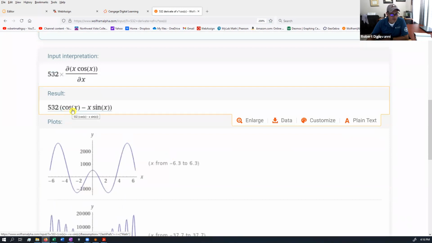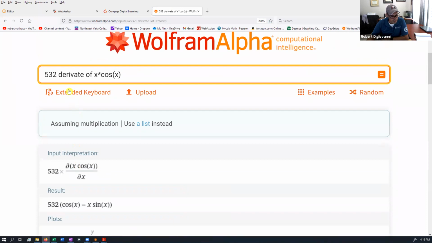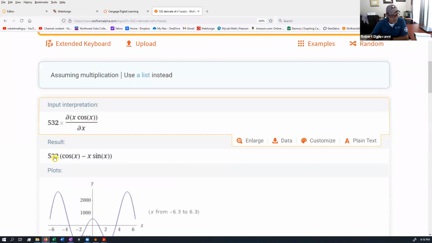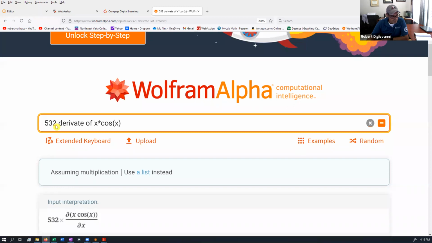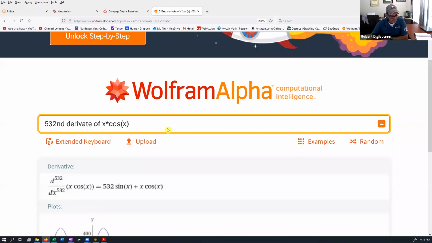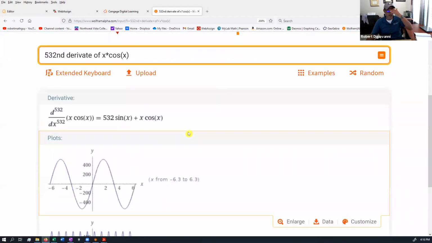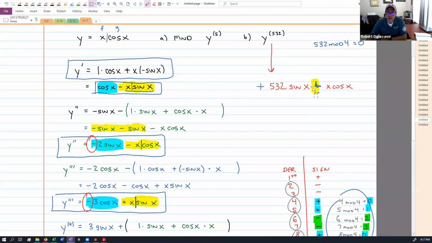Oh wait, no, they did 532 times the derivative. Let me try 532nd. See if it's smart enough to know that. Ah, it did. Okay. So it should be 532 sine x plus x cosine x.